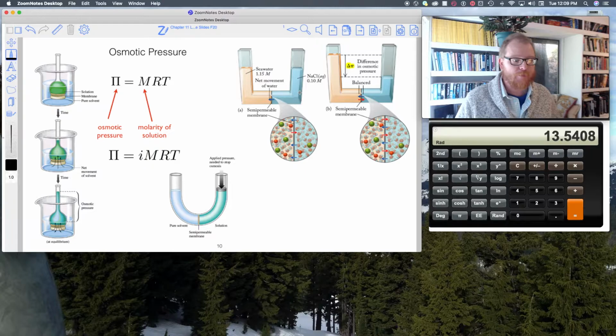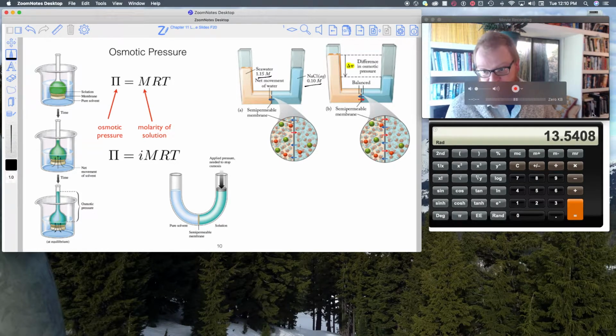However, it's the movement of solvent that's going on with this. The semi-impermeable membrane allows solvent molecules to pass through, but not solute molecules. So, however, if you have this situation now where you have a diluted solution on one side, solvent will pass through from the diluted solution to the concentrated solution until both now have the same concentration.